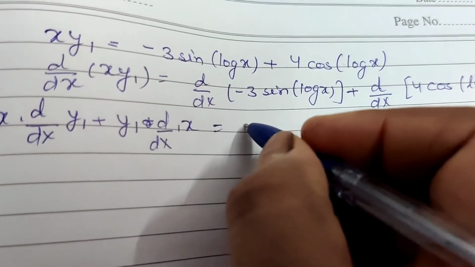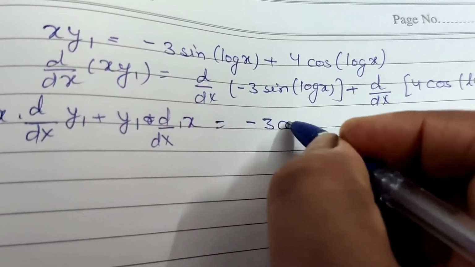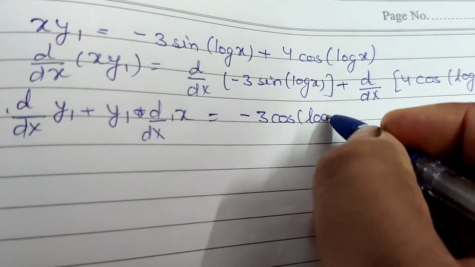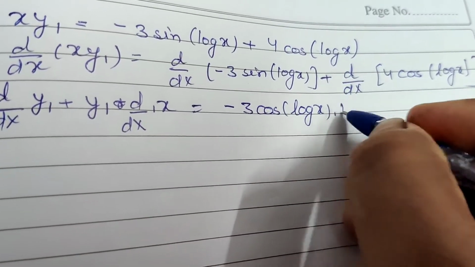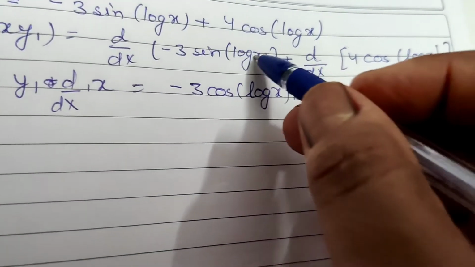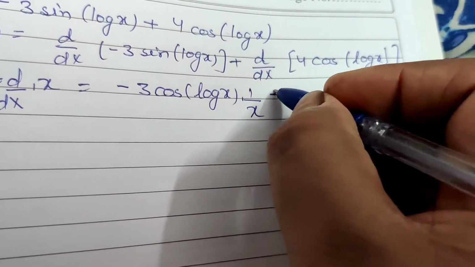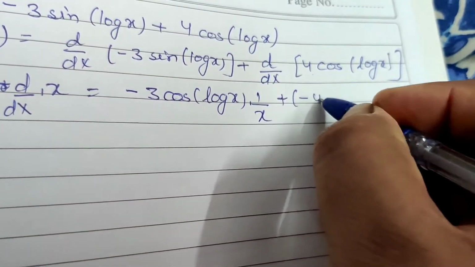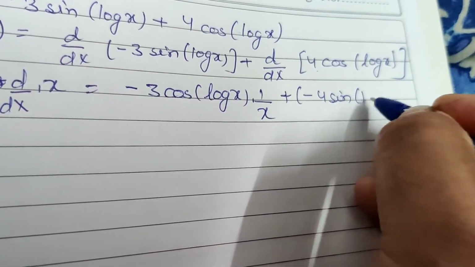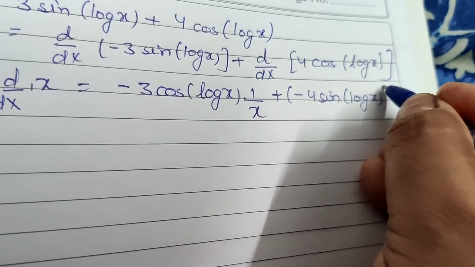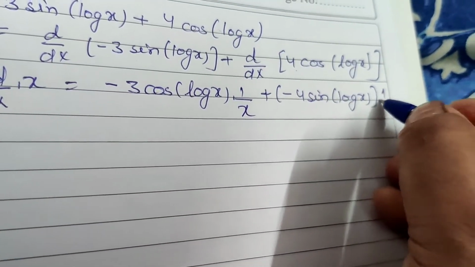The differentiation of this is minus 3 cos log x into 1 by x, since differentiation of log x is 1 by x, and the same, minus 4 sin log x and 1 by x.